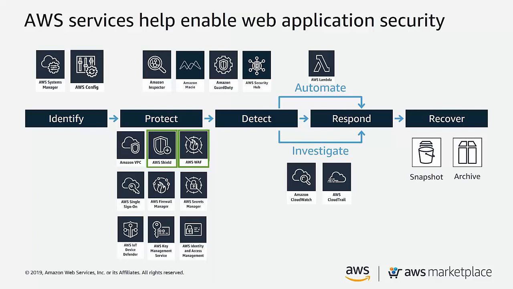AWS Inspector can be used throughout the dev process and even integrated into the CI/CD pipeline to do vulnerability scanning of EC2 instances, looking for best practices, vulnerability CVEs, that kind of thing.